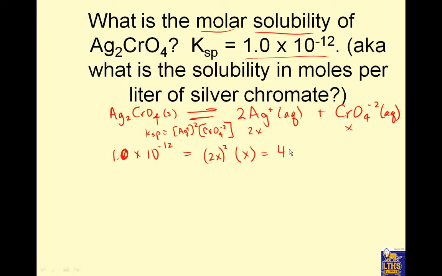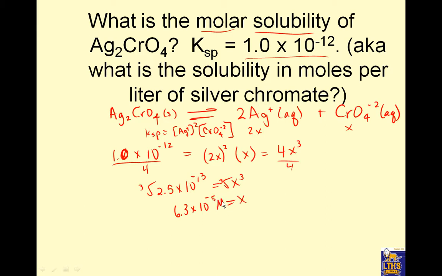So again, we get 4X cubed, divide both sides by 4, and we have 2.5 times 10 to the -13th is equal to X cubed. Take the cube root of both sides, and we get X is going to be equal to 6.3 times 10 to the negative fifth molar.